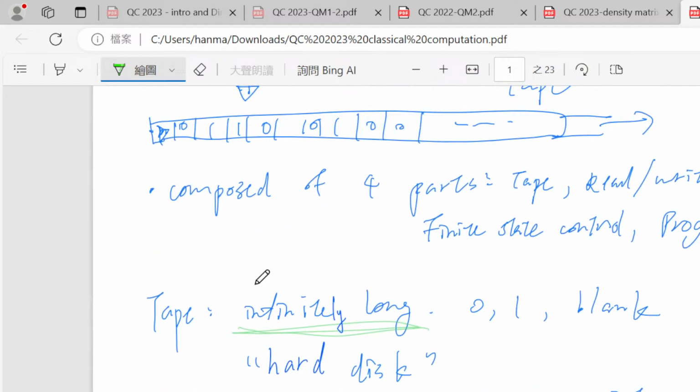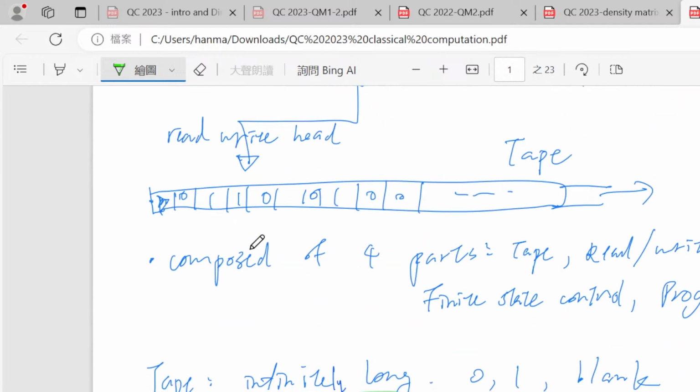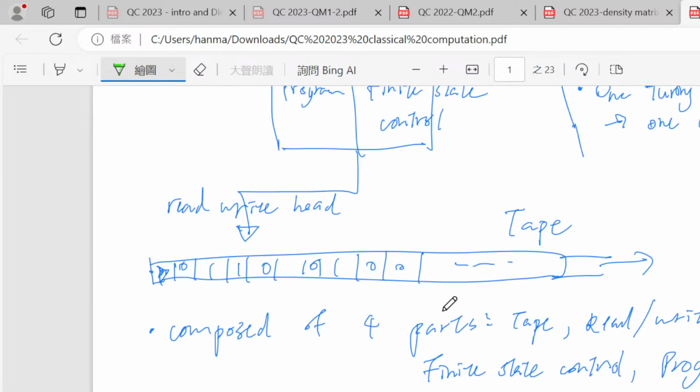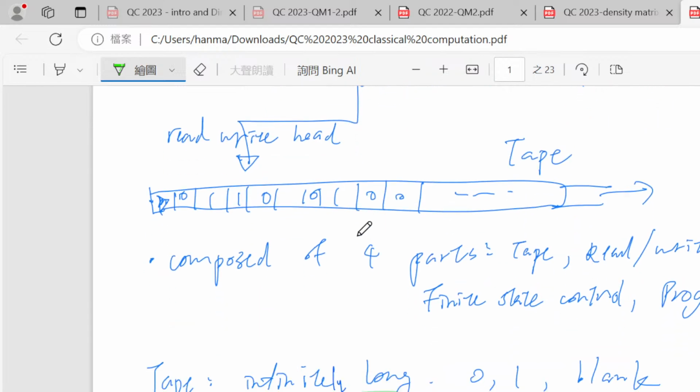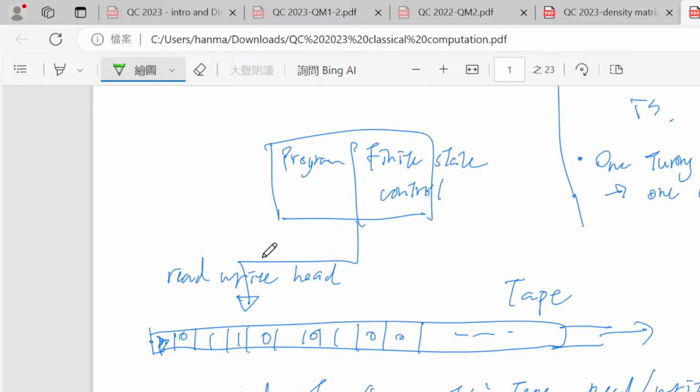The tape is kind of like a hard disk, infinitely long, and depending on the model you can put symbols on it; here we say 0, 1 and blank. The read-write head can read and write on your tape and move left and right. The program looks at the finite state and what is read under the head, then moves the head and changes the finite state.